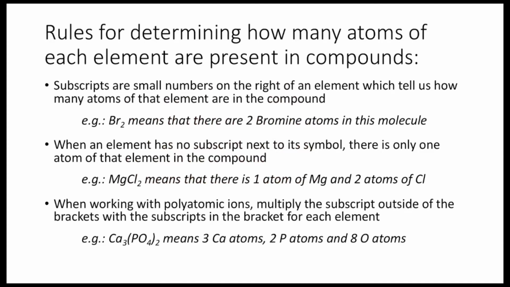For example, in magnesium chloride, MgCl2, that means that there is 1 atom of magnesium and 2 atoms of chlorine. When working with polyatomic ions, multiply the subscript outside of the brackets with the subscripts in the brackets of each element. Again, think back to math, this is the distributive property.